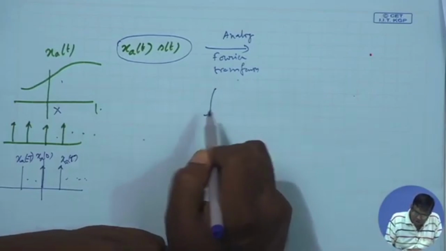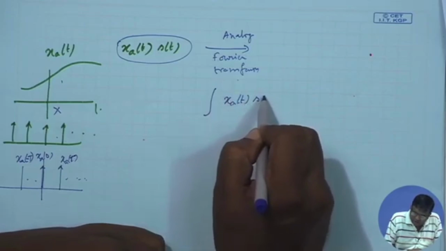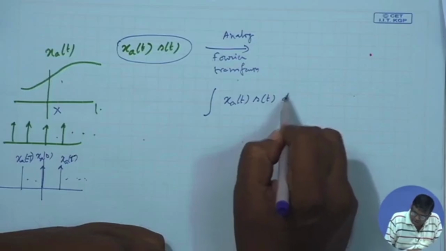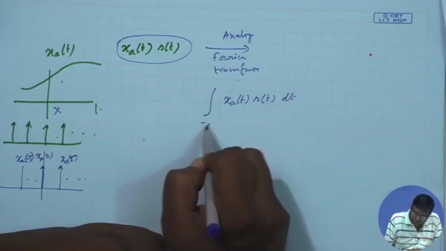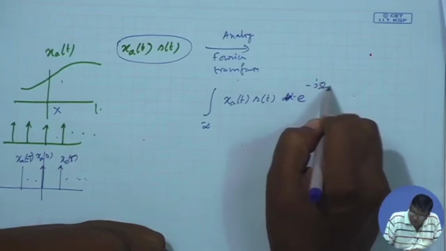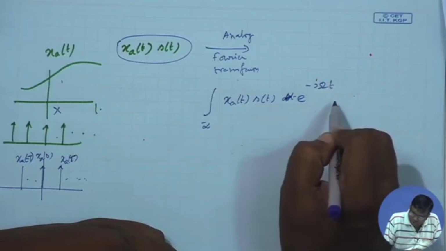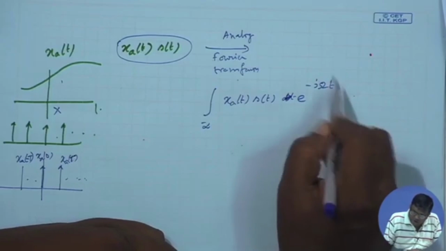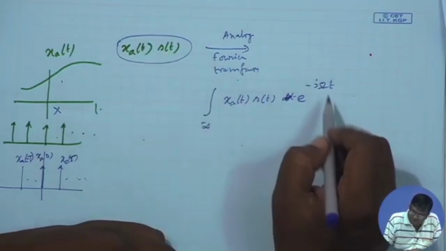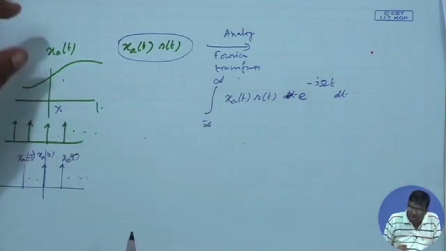So, that means we have to carry out this integral x a t s t e to the power minus j capital omega t dt. We have to find this at an analog frequency capital omega. So, you carry out this integral.